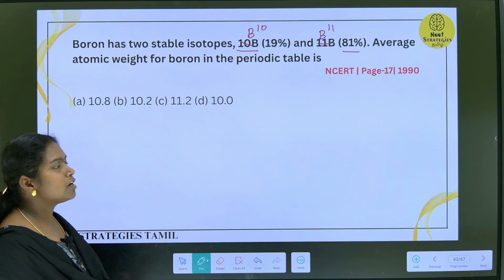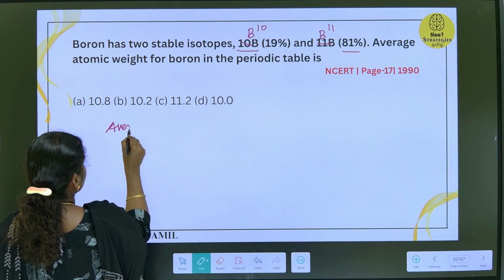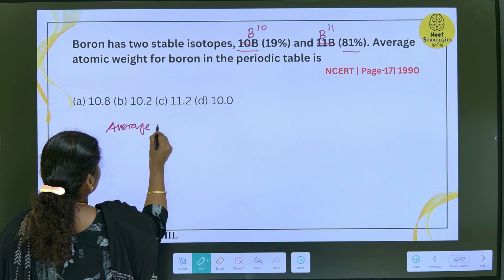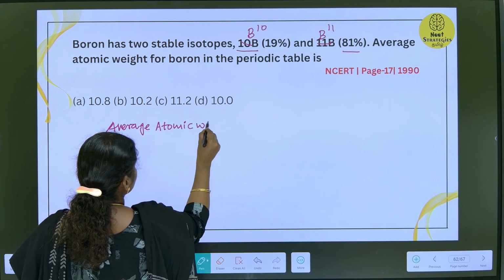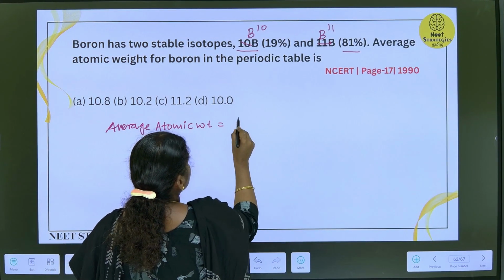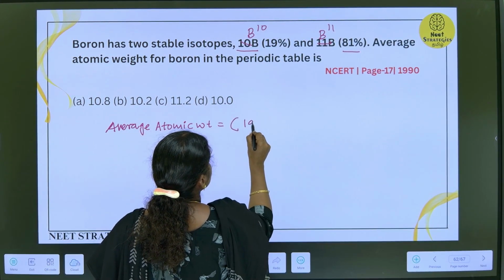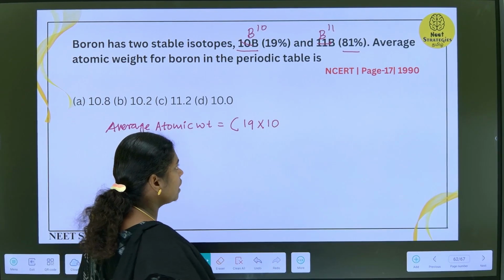They are asking for the average atomic weight. So find out the average atomic weight, which is equal to 19% into boron 10, 10 units.